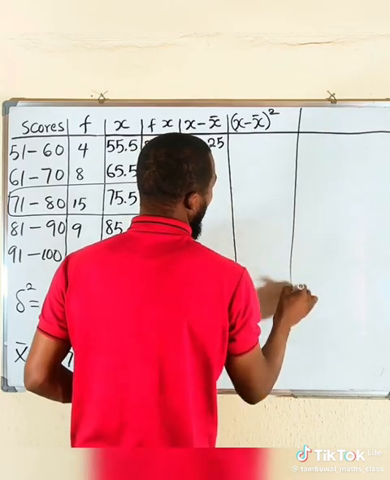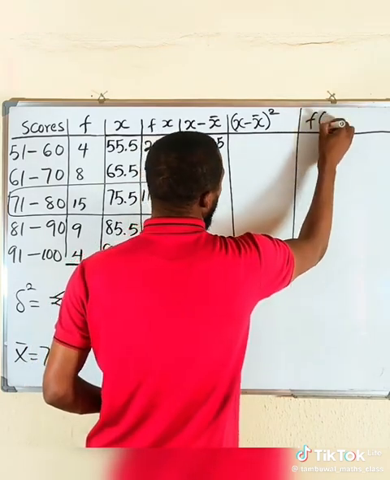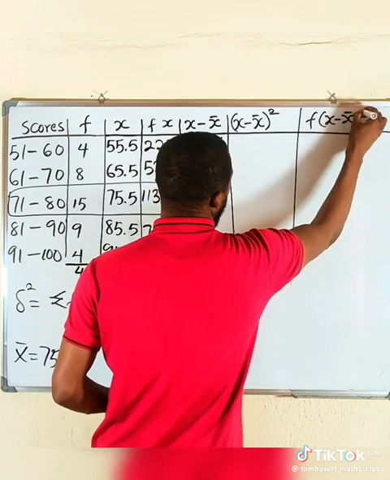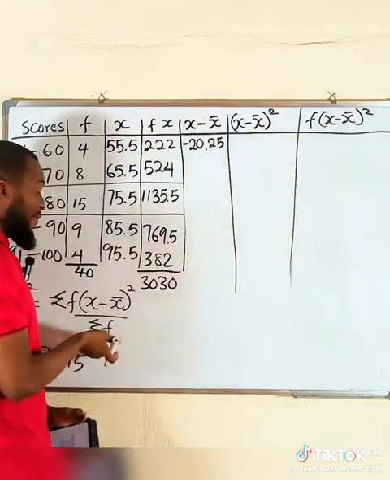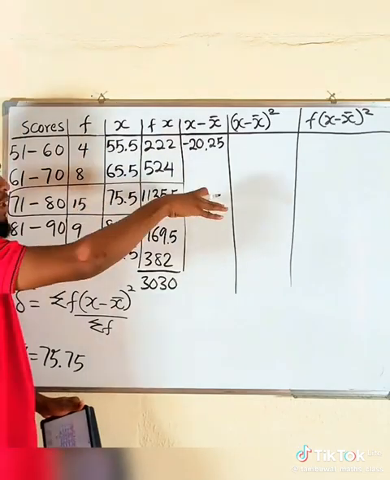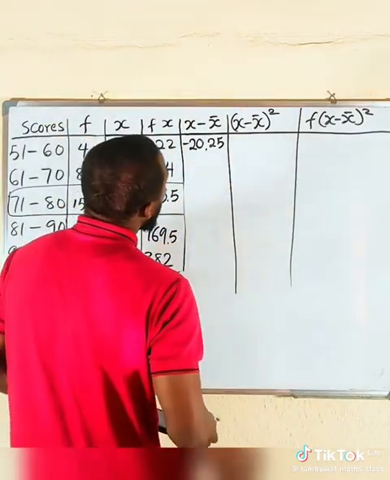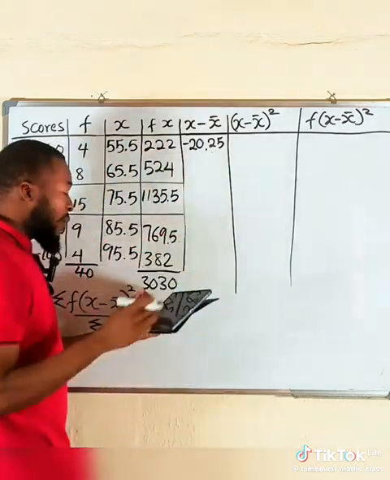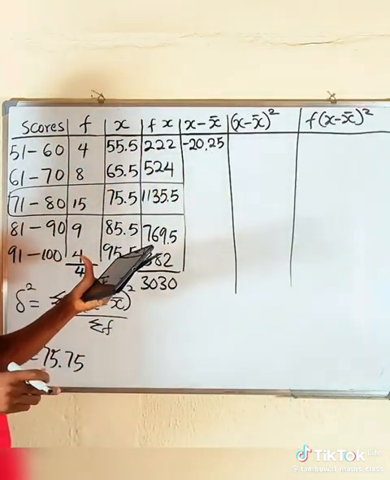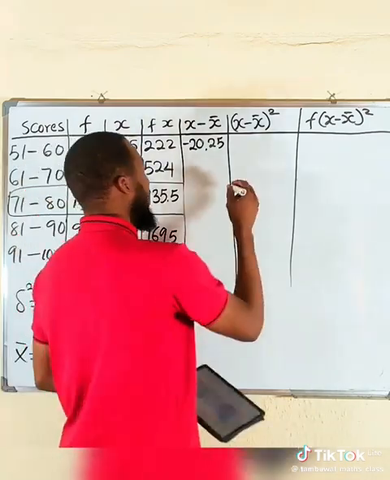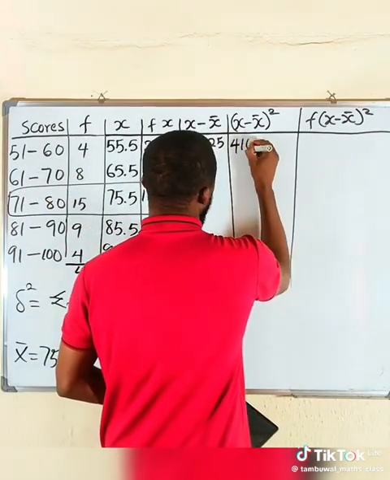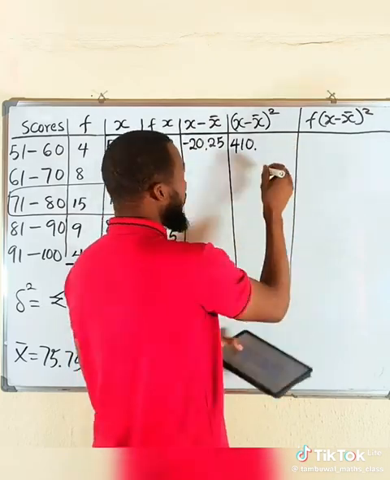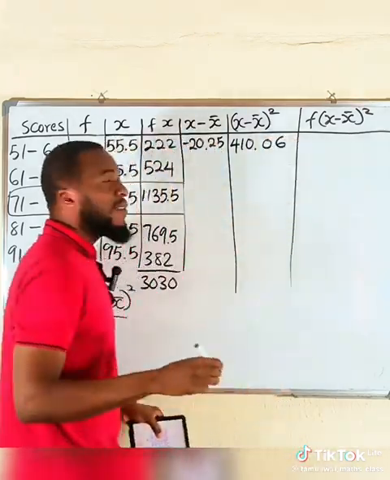And the last one is going to be f of x minus x bar squared. Make sure that everything in the formula appears on the table. So if you square this number, negative 20.25, you're going to get 410.06 in 2 decimal places.